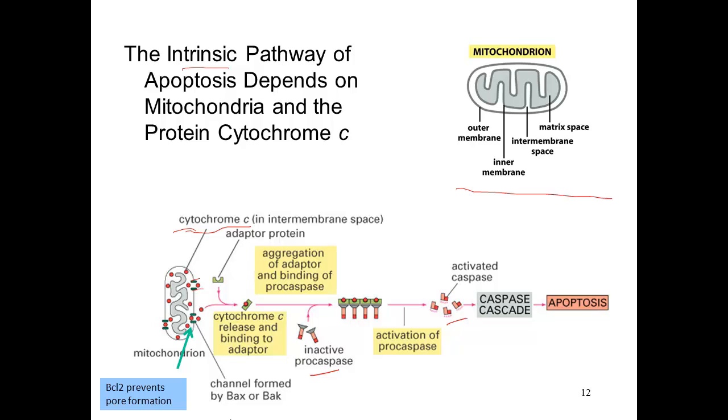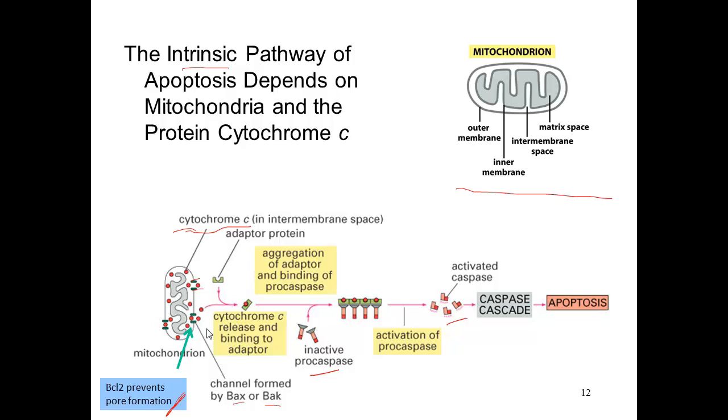Now, the channel which allows cytochrome C to escape from the mitochondria is formed by proteins called BAX. And one way the cell will prevent the formation of these pores, and we'll see this on the next slide, is a protein called BCL2, which will ensure that these pores stay closed.